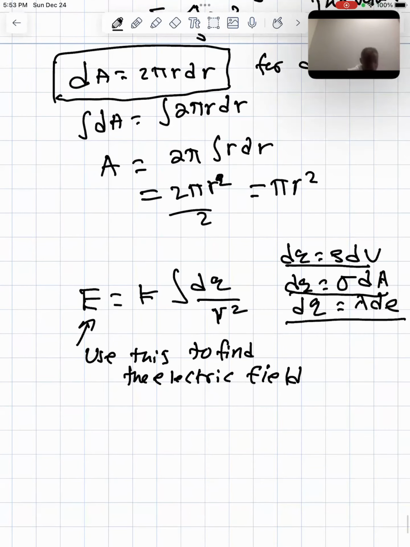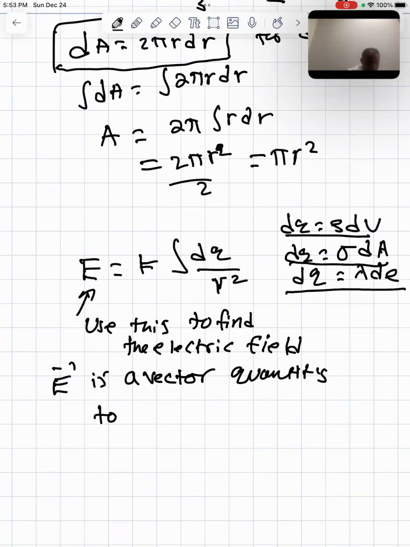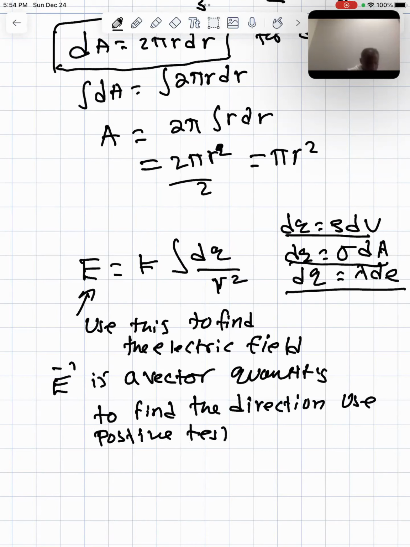At the same time, care must be taken here. The electric field is a vector quantity, which means it has direction and magnitude. So to find the direction, use a positive test charge.